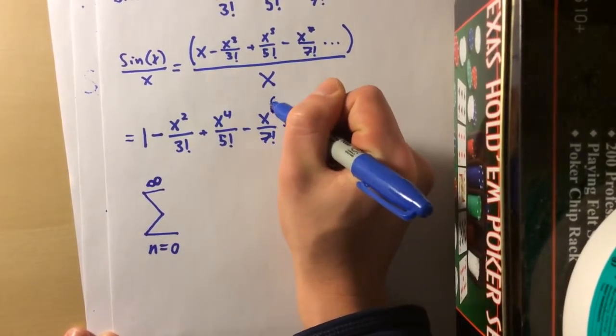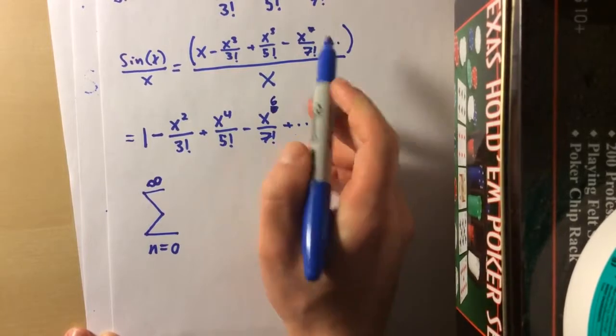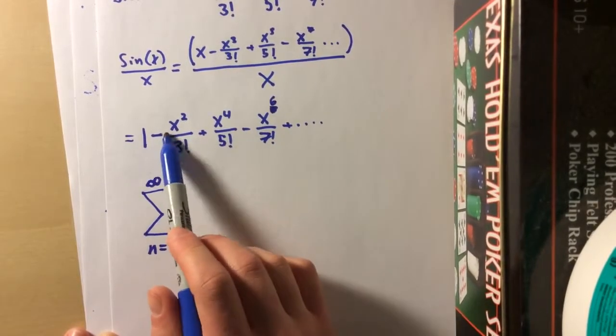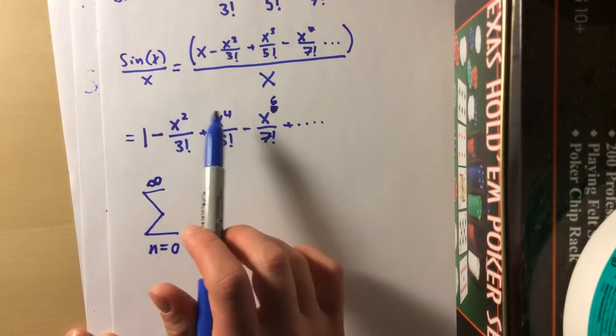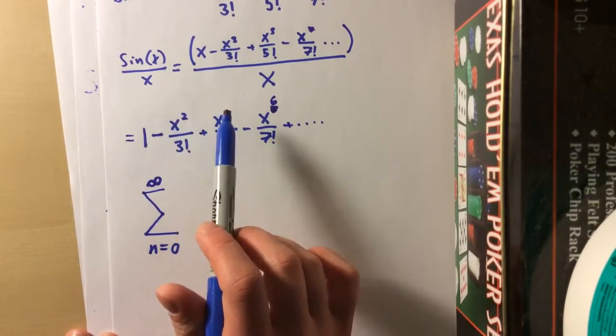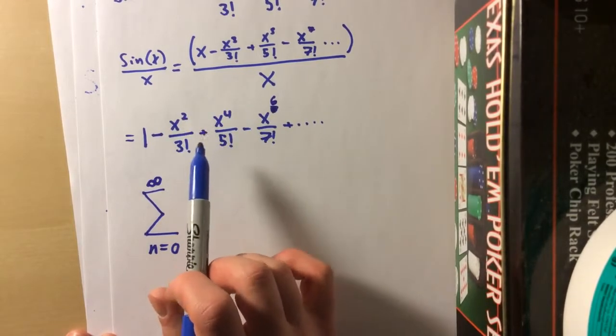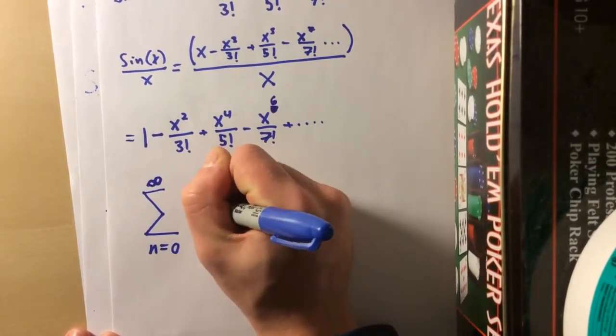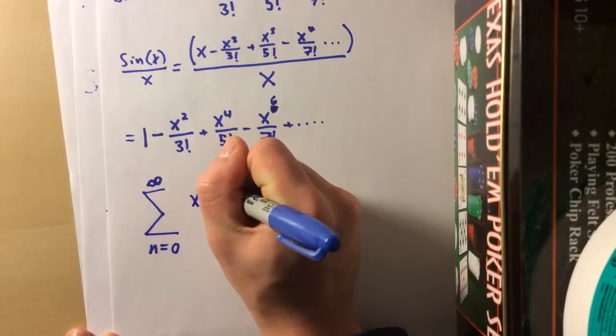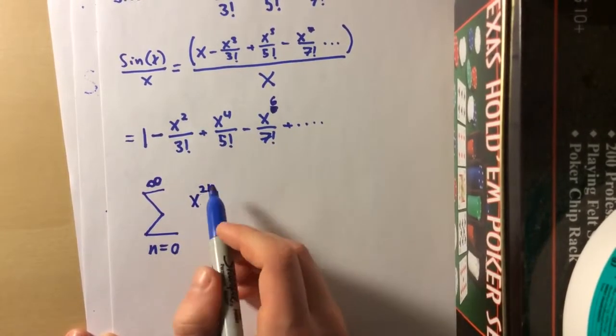This would be an x to the 6th, because that was x to the 7th over x. But our powers of x are increasing by 2, and we're starting at 0. So we're going to have x to the 2n.